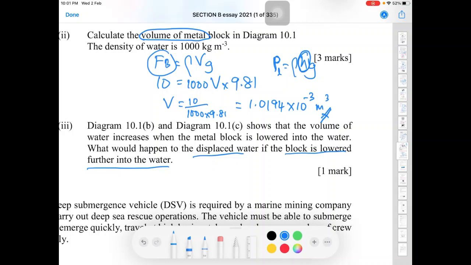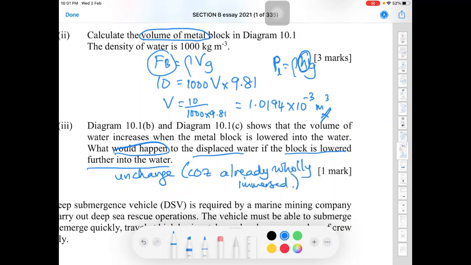So the answer is unchanged, because it is already wholly immersed. Okay, the answer is unchanged, because in C it has already gone in completely.